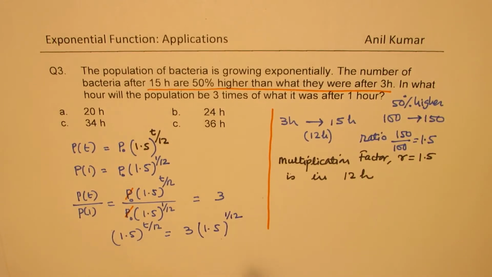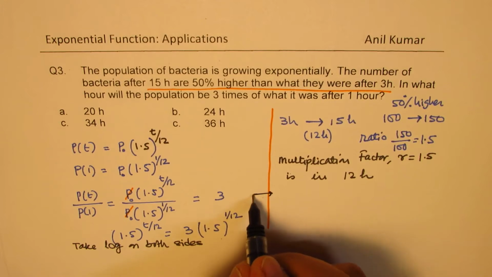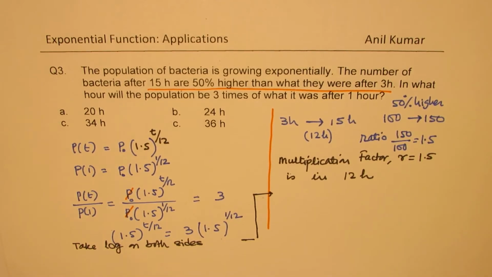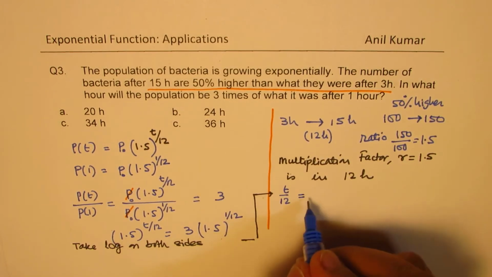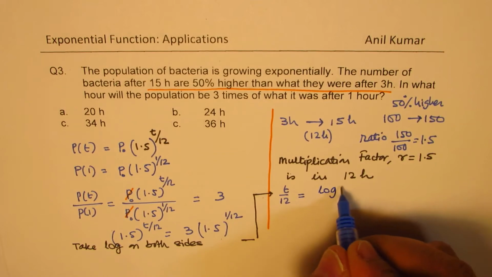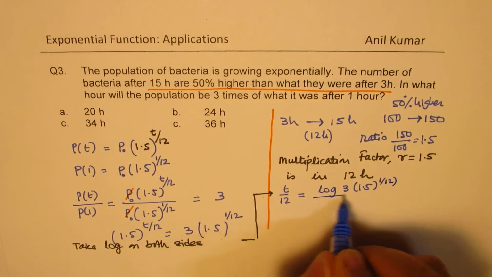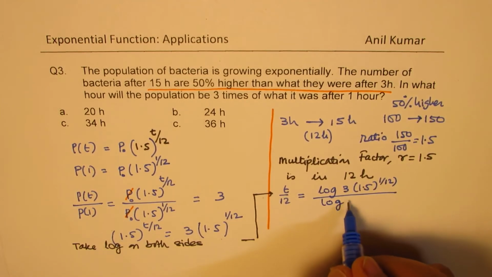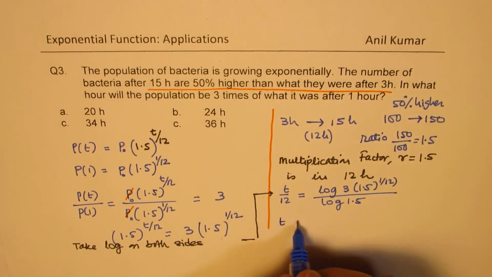We can take log now on both sides. And then we get T over 12 equals log of 3 times 1.5 to the power of 1 over 12, divided by log of 1.5. Clear? Okay. So T will be 12 times this.